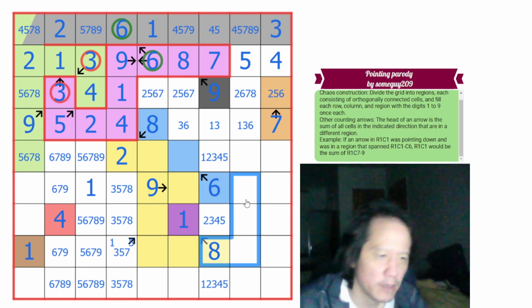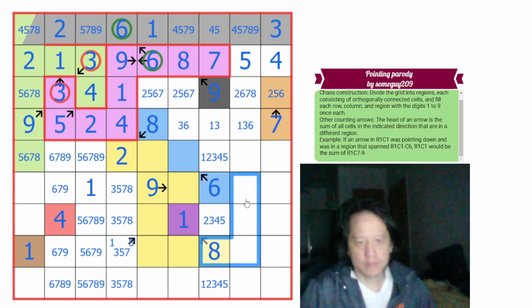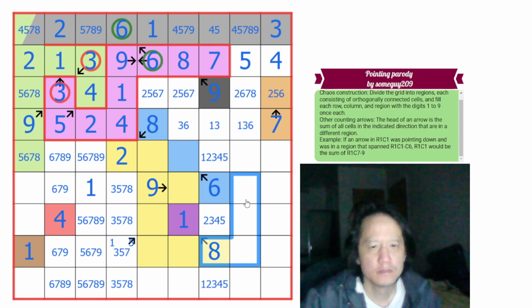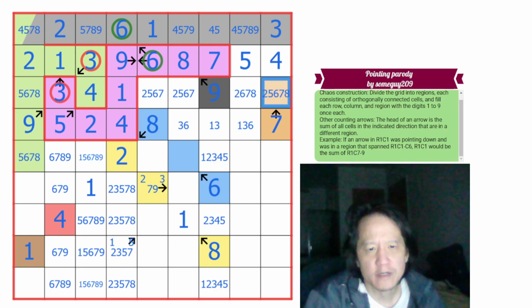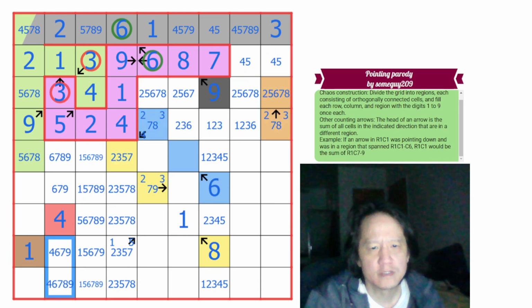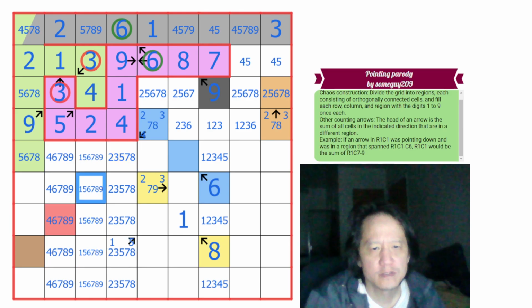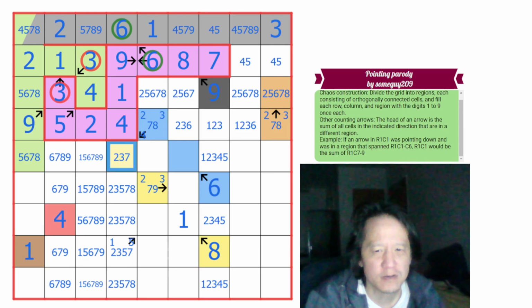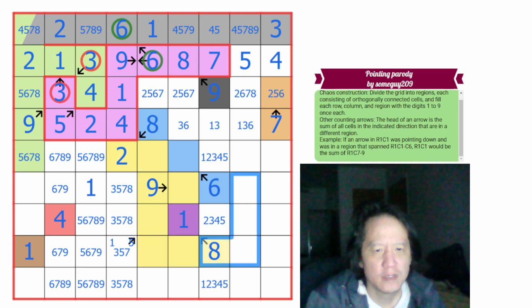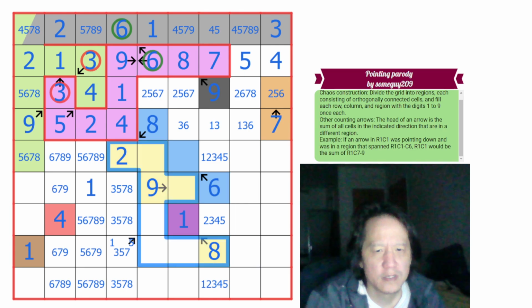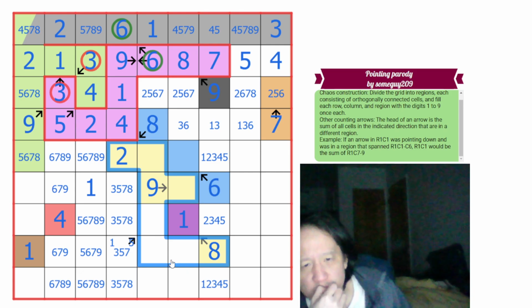Shoot. I think we have to go back on our logic here. What did we miss? What did we miss? Is there another way? I don't think so. That's a problem. That's a big problem.